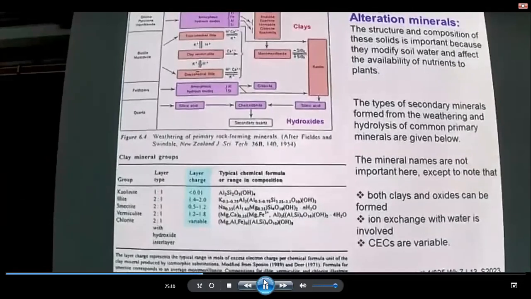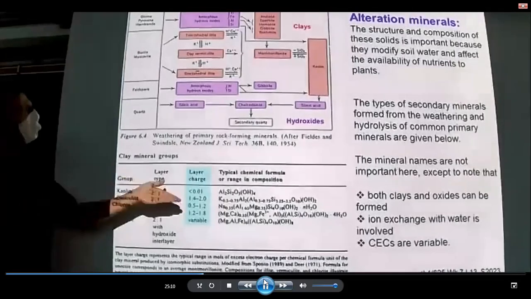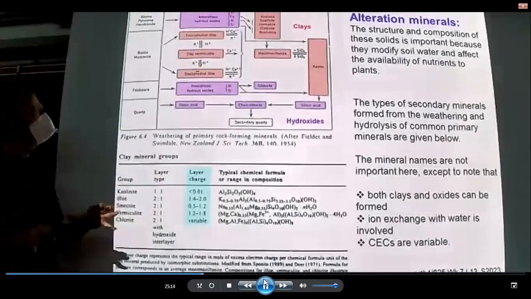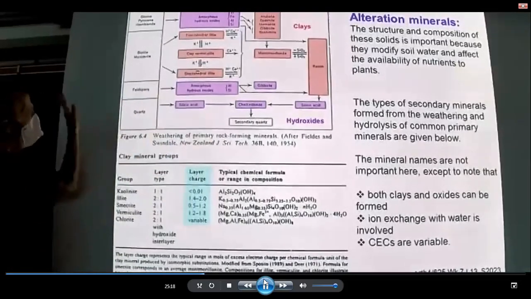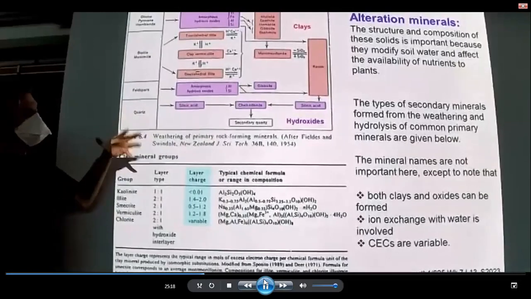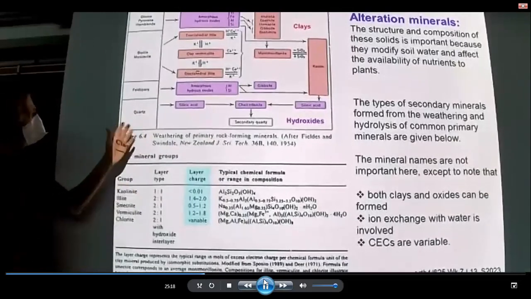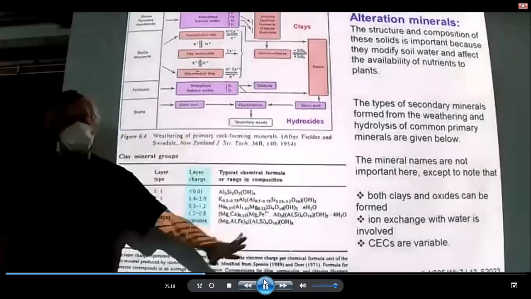That bottom table also lists the charge on layers. If you recall, the week before last, we talked about charge on particles in terms of cation exchange capacity. That's one measure of how much charge a mineral can hold on it. You can also just look at it as the absolute amount of charge.